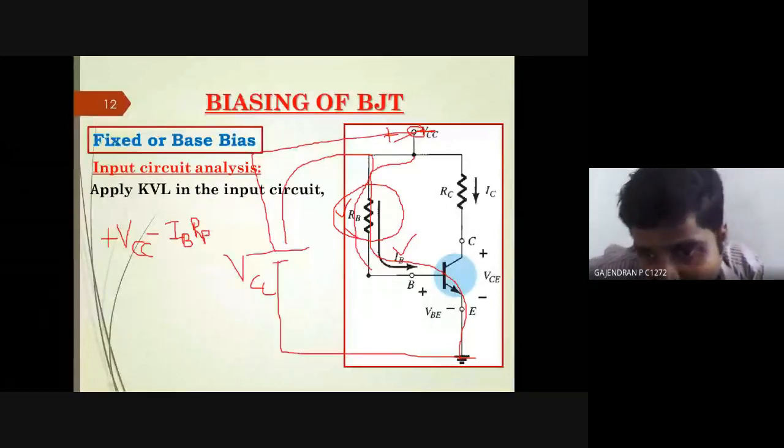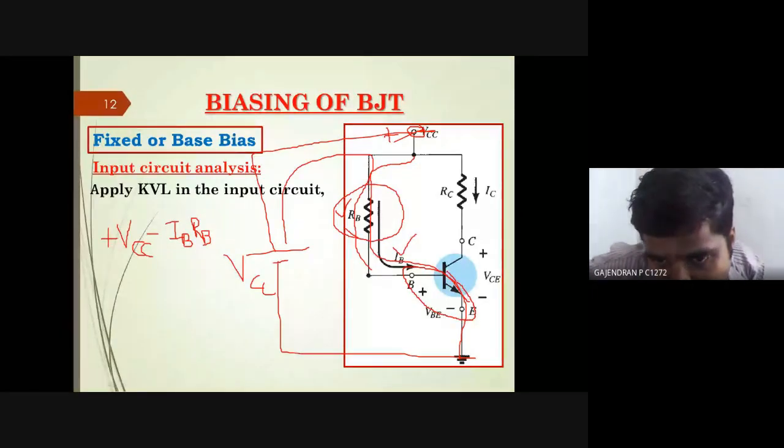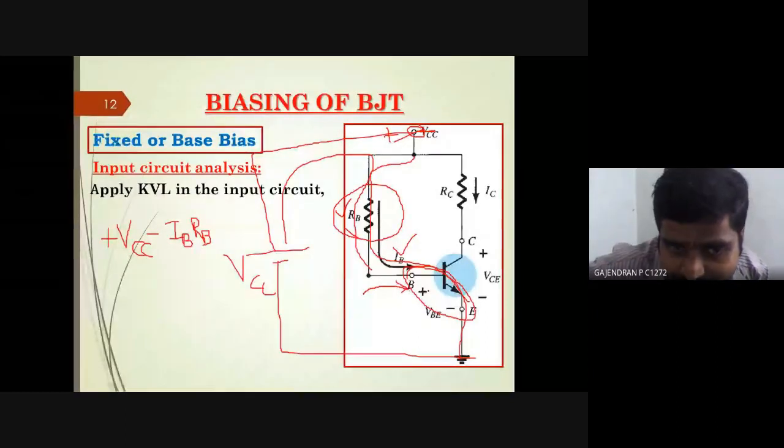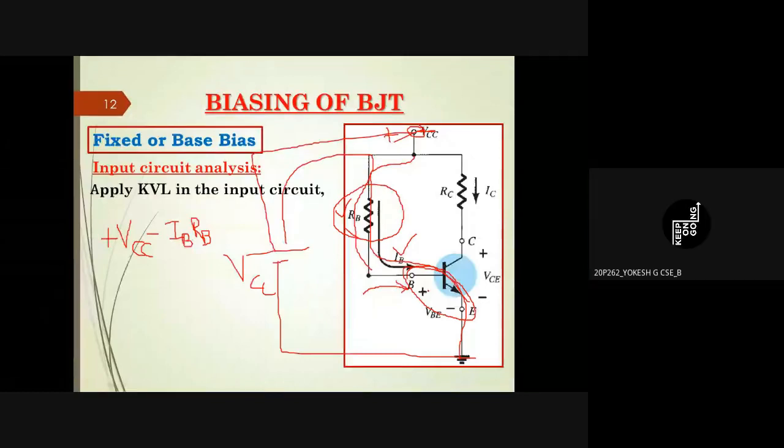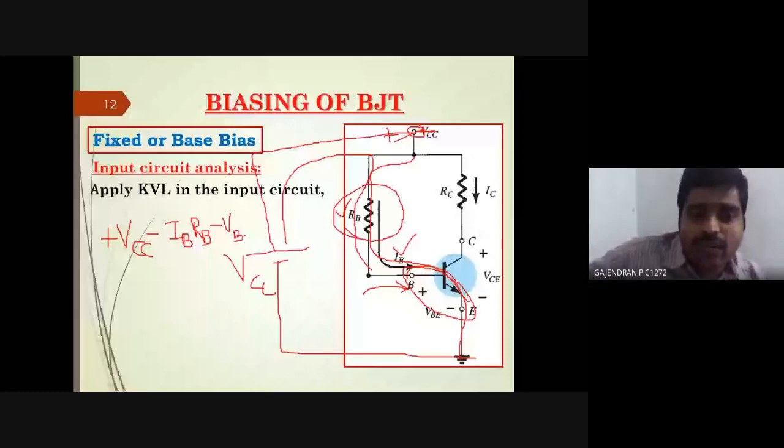Then this is also a drop across my base emitter. Am I correct? Positive current enters, so it is a drop, not a rise. Am I correct, sir? So what do I need to write here, VBE, equal to what?